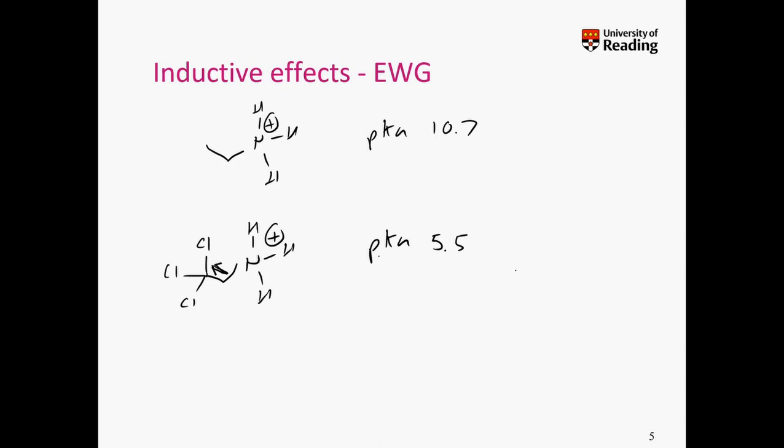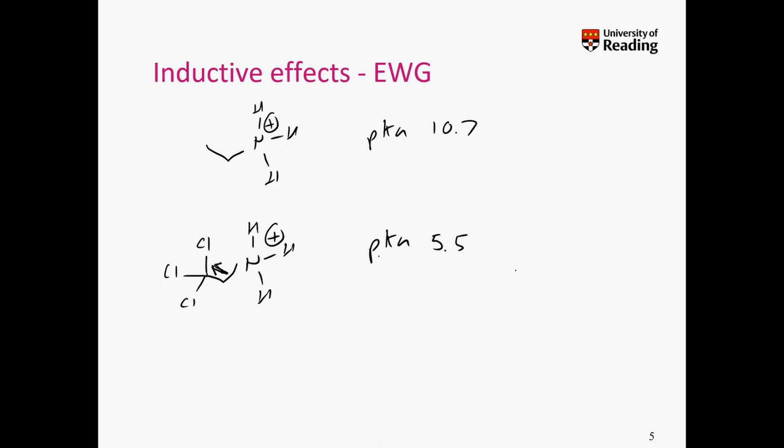You can see, remembering that for basicity the higher the pKa, the better the base, that what we're saying is that if the conjugate acid is very weak, the pKa value is high, and the subsequent base from it is actually very strong.